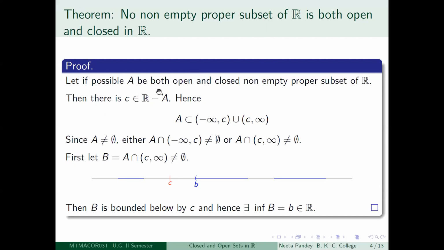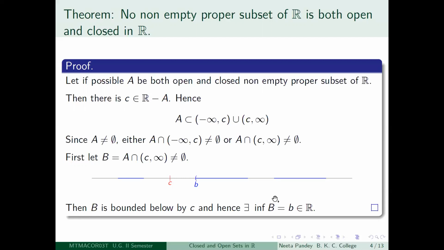What does that mean? First of all, A is a proper subset of R, so there is a point C which will be in A complement. So A will be a subset of the open interval minus infinity to C union C to infinity. So you're leaving out C here.